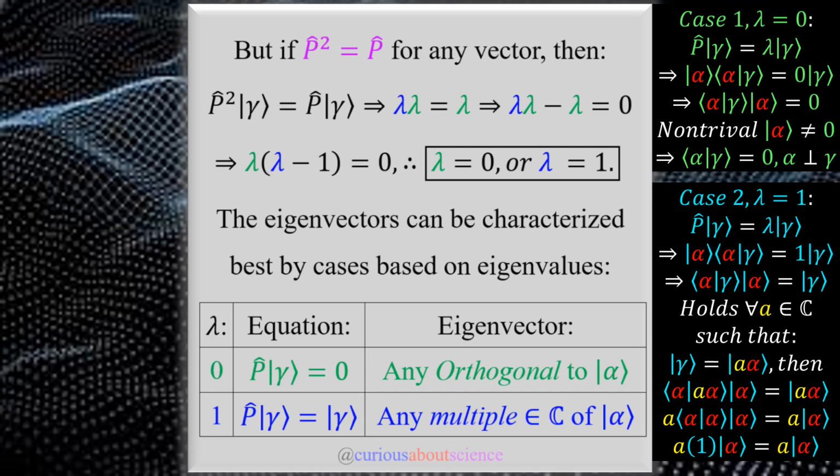And so we end up with A alpha ket is equal to A alpha ket. So either way, we get equivalent statements here because the constants will cancel. It doesn't matter what kind of constant it is, and we can factor it out by linearity, so we're good for any multiple that is a complex scalar number, and that could be of the new axis or the new basis that we're looking at.